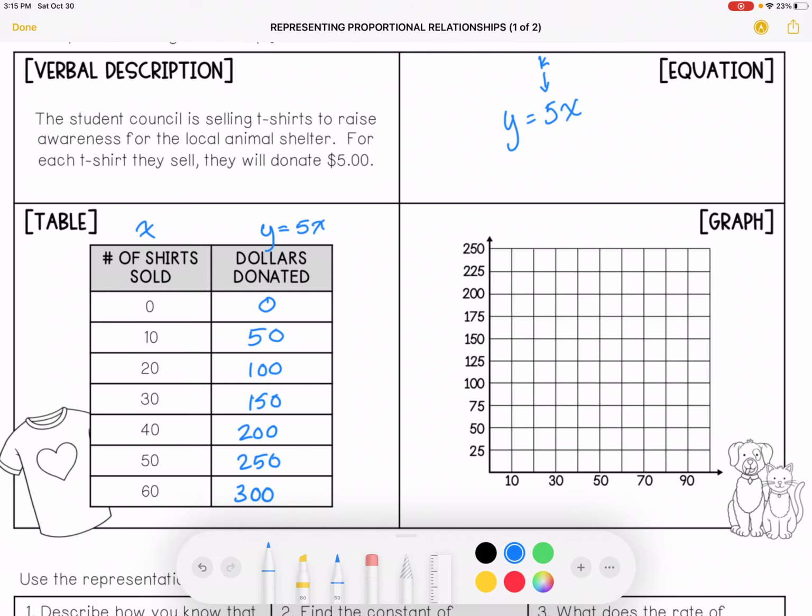Okay, so we can put that over on our graph. We're going to use the information from our table to label our X and Y axes and give the graph a name. So this is going to be dollars donated to the animal shelter.